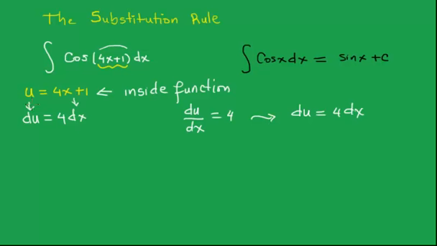Next step, you compute du: du equals 4 dx. And then you solve for dx. By dividing both sides by 4 for this particular example, you get 1 over 4 du. So here we have that dx is 1/4 du.